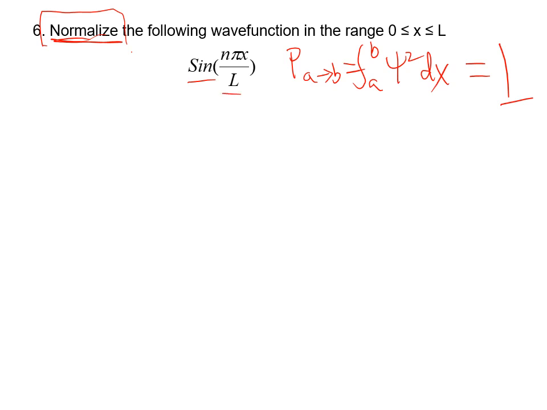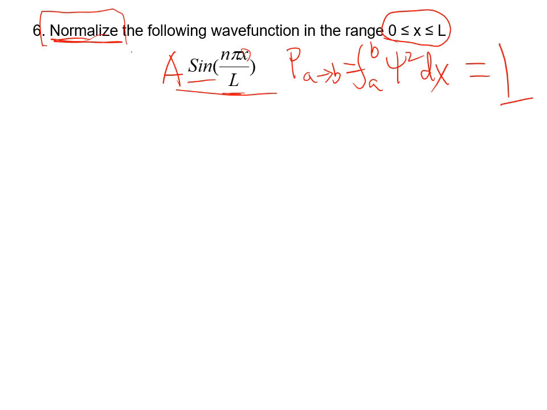L is the length of this range from 0 to L. So that's the length. n is a quantum number. x is the position, a variable. So this wave function does not have an unknown. To normalize it, you add an unknown, A or B. You solve for it so that the wave function becomes normalized. In other words, the probability in the whole range is 1.